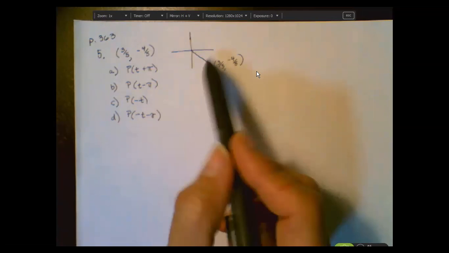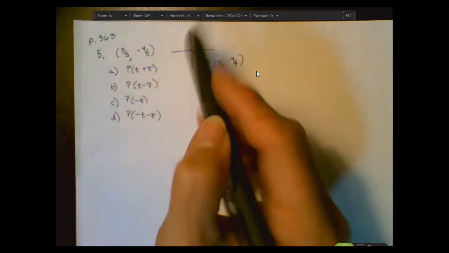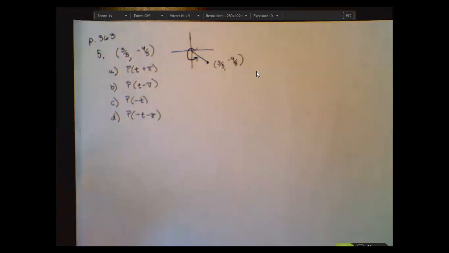Take a wild guess how many degrees that angle might be, and I'm not asking for anything specific here, but if I started in standard position and went to that terminal side, how many degrees might that be?